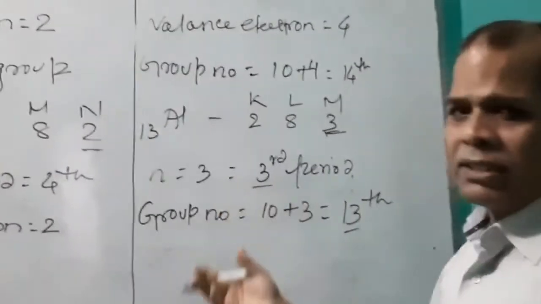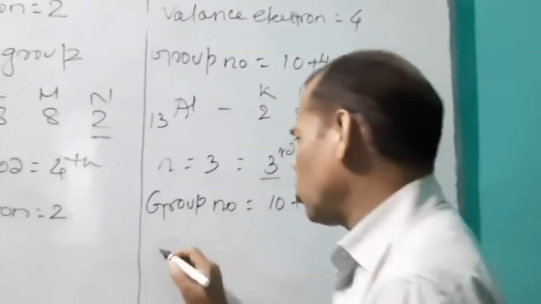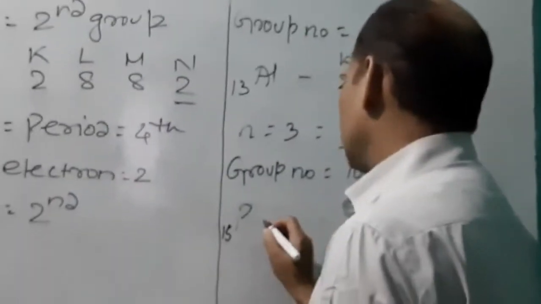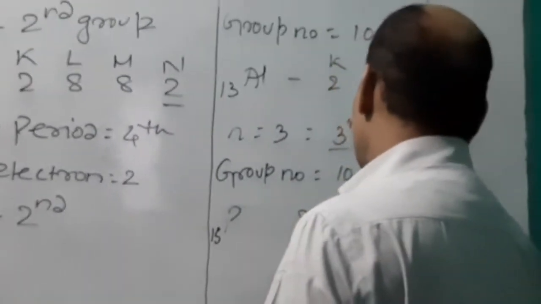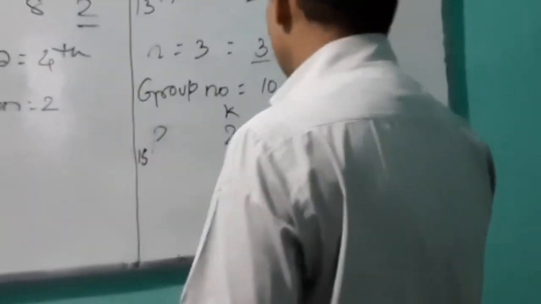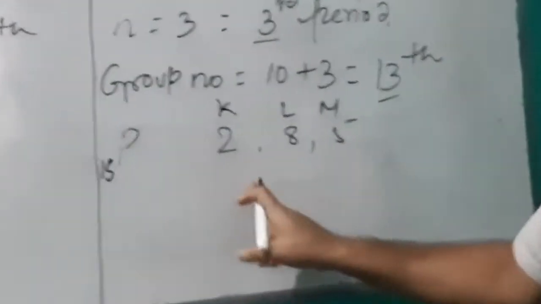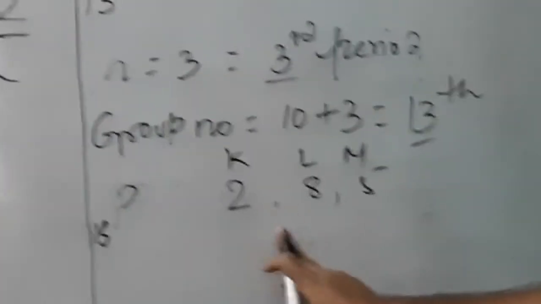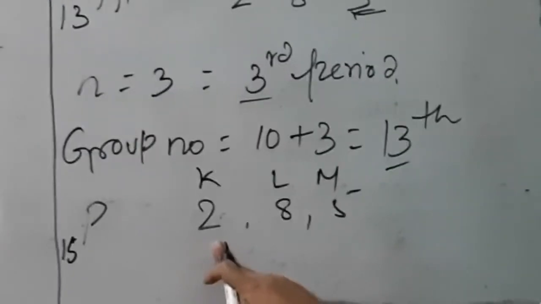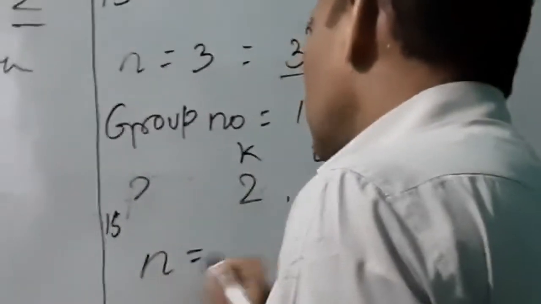Similarly, some other example, phosphorus 15. So 2, 8, 5. K, L, M. Here once again you see how many shells are involved? 3. N is equal to 3.